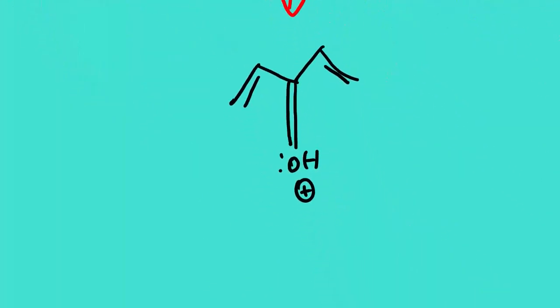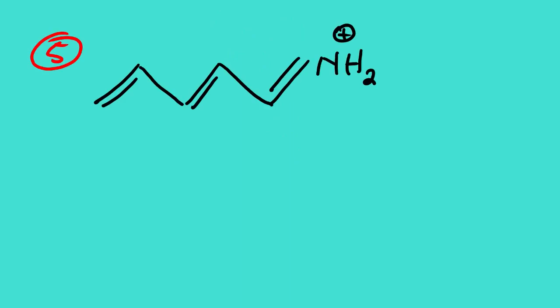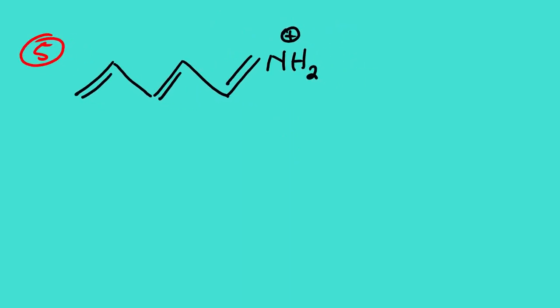Let us look at our last example. Let us find all the resonance structures for this structure. So this pi bond can come here. Then this carbon will be positive. We are going to have something like this.